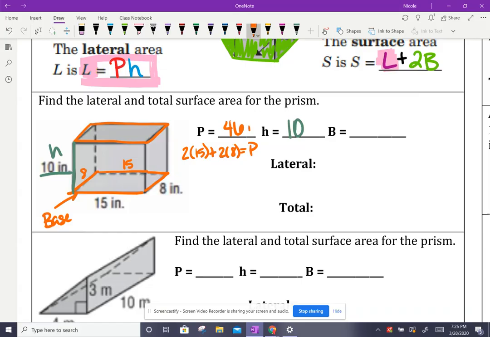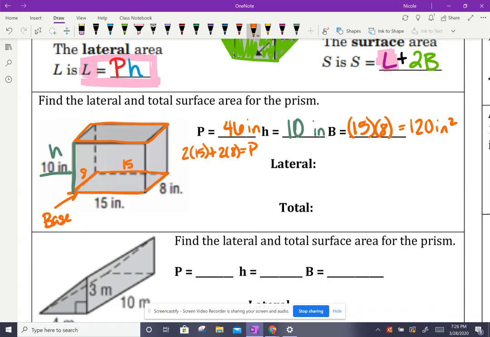So it's 46 inches. My height is 10 inches. And then I look at the area of my base, and we're going to take 15 times 8, length times width, and that's going to give us 120 inches squared.